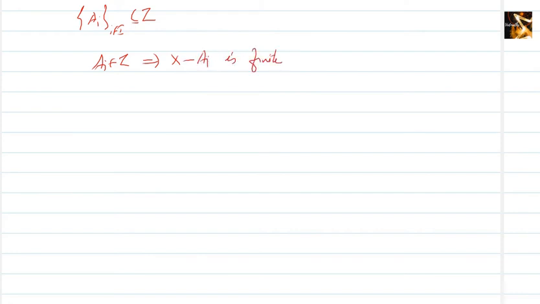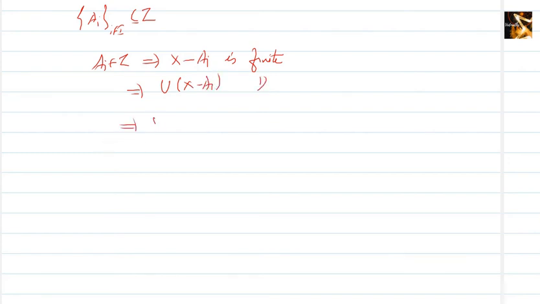Next, the third one. Let Ai again be the collection of members of tau. Ai belongs to tau implies X minus Ai is finite. X minus Ai finite means what? Union of X minus Ai is also finite.